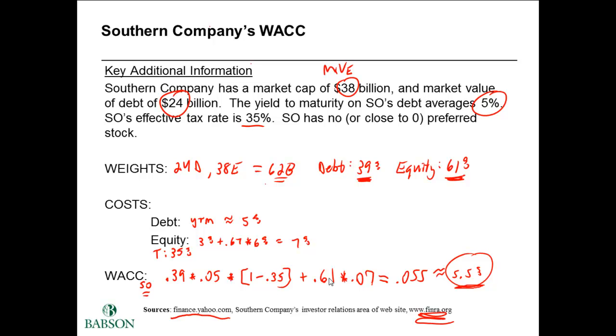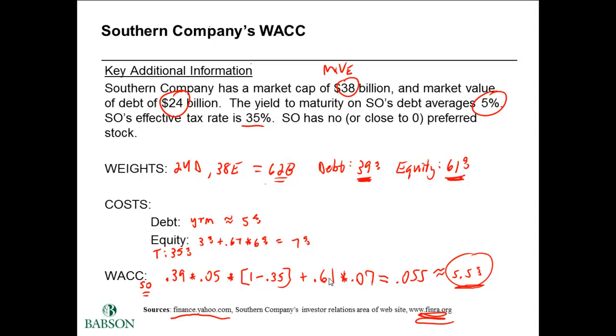Therefore, if we're considering a project, that project should earn a rate of return in excess of 5.5% per year in order for it to create value. There are some other applications for this having to do with valuation that we've seen previously in this slide deck, but that gives us a quick and dirty estimate.